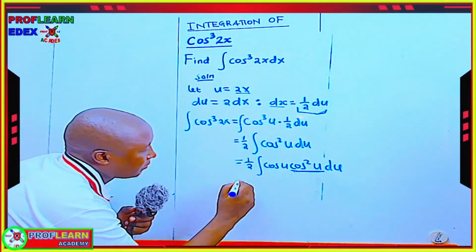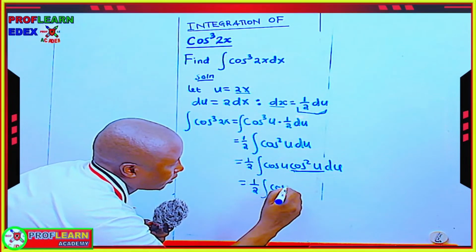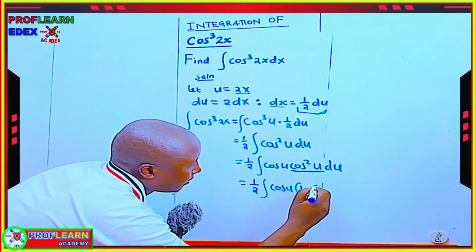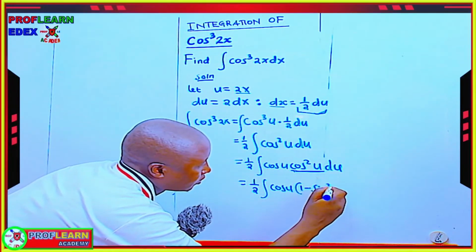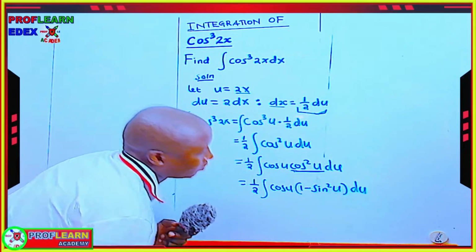Of course, this can be written as 1 over 2 integral of cos u times 1 minus sine squared u du.